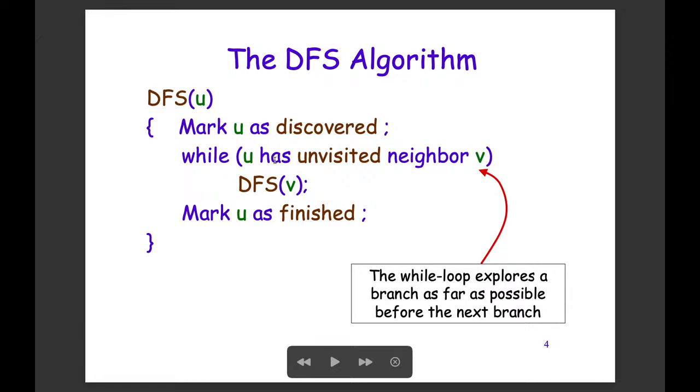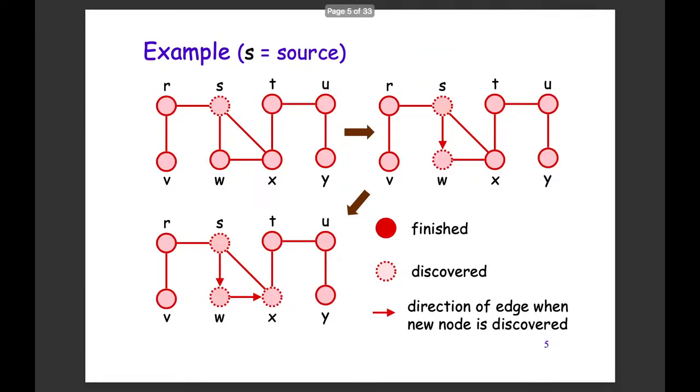Then, while U has some unvisited neighbor V, we will continue to explore V and whatever we can do starting from V. So we will perform DFS of V. When DFS of V goes back, so that we can no longer go further, we will see whether U has still another side branch neighbor that is not visited yet. In that case, we will perform DFS of that new neighbor, and so on and so forth. Once everything is done, we will mark U as finished. So perhaps it's better to describe everything by using an algorithm.